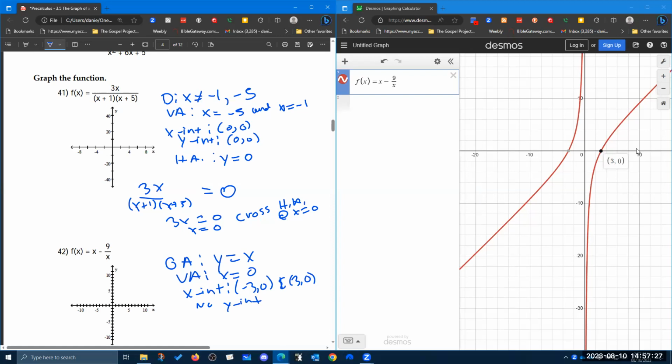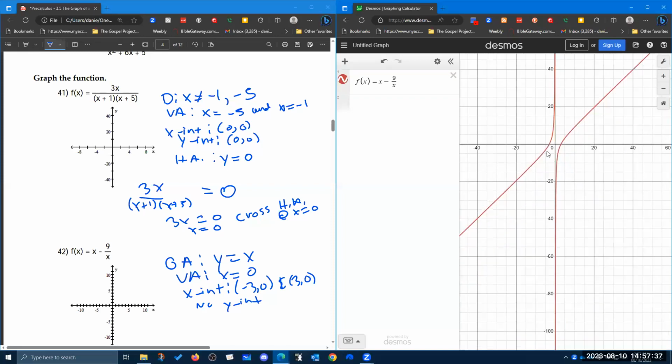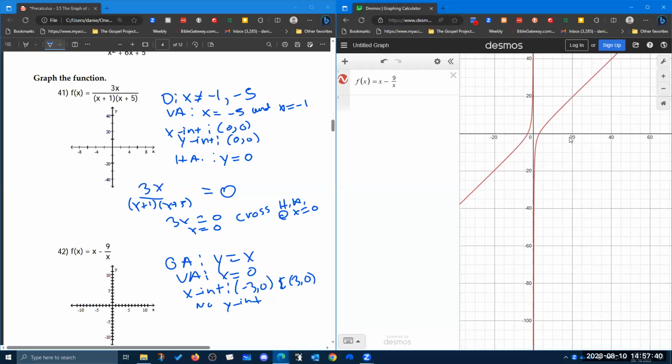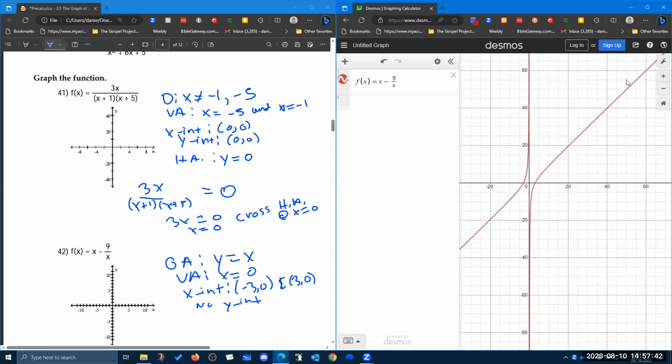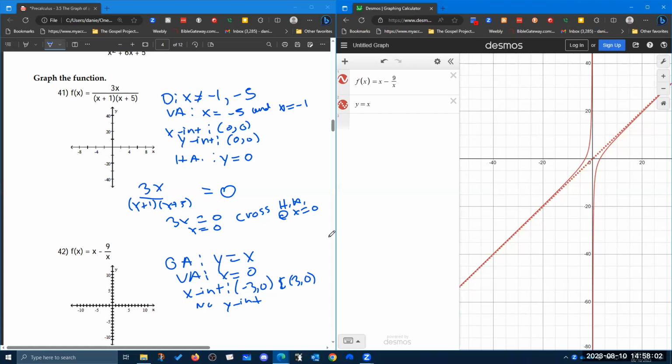And we're not going to cross that oblique asymptote in this case. So you can go ahead and use your graphing calculator to help you get some additional points in each region to see what this graph is going to look like and sketch that graph. Again, let me show you the oblique asymptote here, y equals x, and I'm going to make that broken so that you can see the boundary that it approaches but doesn't touch.